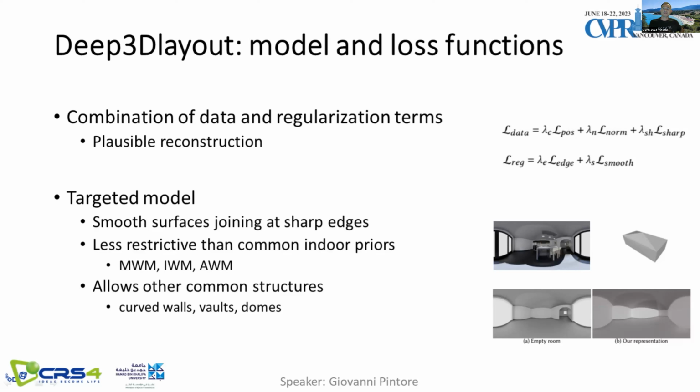In particular, we expect that the models, as most human-built structures, will be composed of large, smooth surfaces, not necessarily planar, and joining at possible sharp edges that is typical in architecture. Such a characterization is less restrictive than typical indoor priors based on planar surfaces and forced vertical and horizontal alignment in some way.